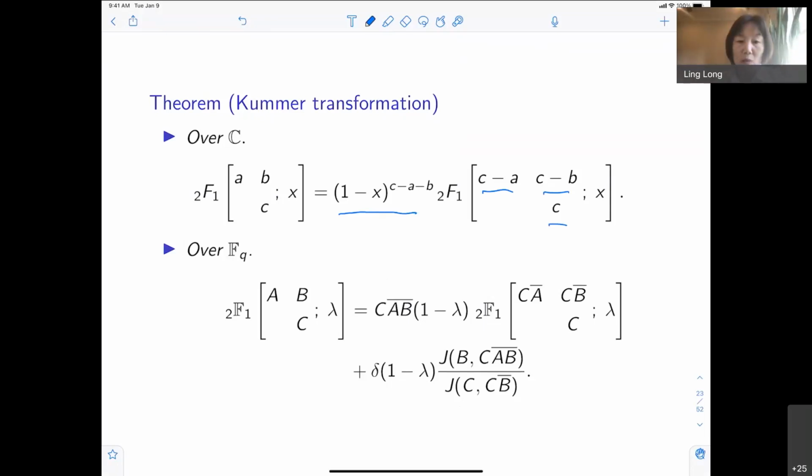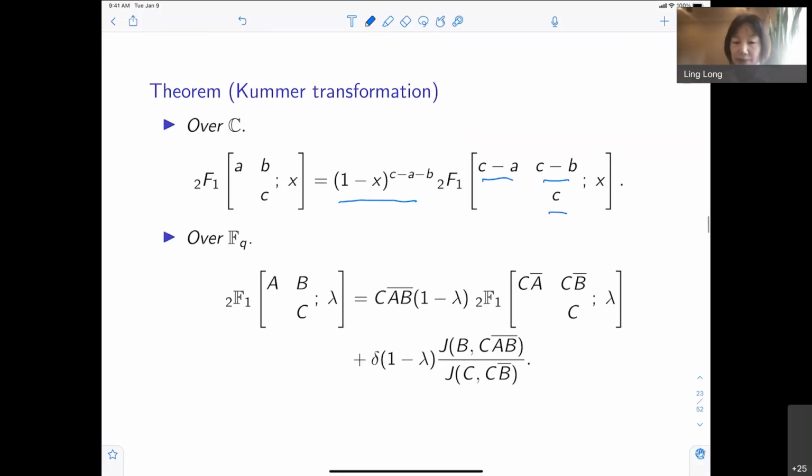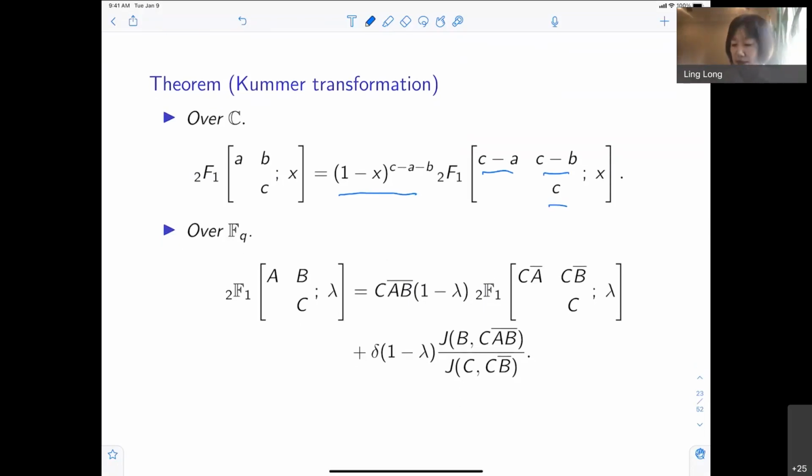Over the finite field setting, the corresponding formula looks exactly parallel, with A, B, C as the finite field correspondence.